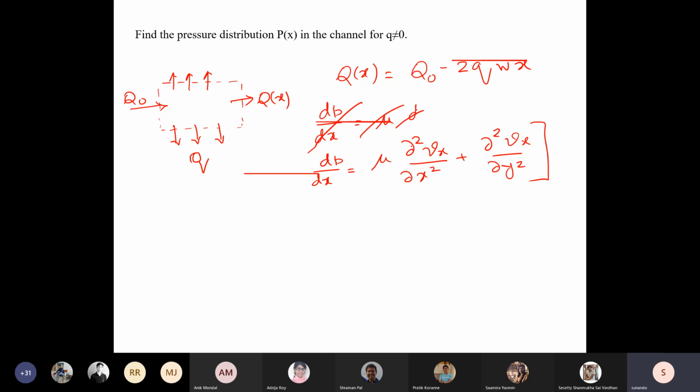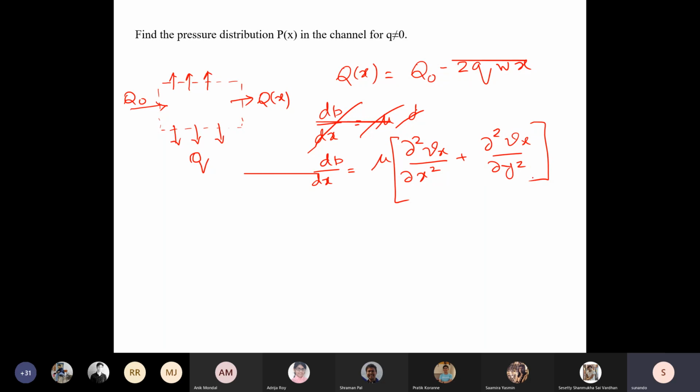This is the Navier-Stokes equation. Previously, I did not have to worry about the first term, as Vx did not vary with x. We simply assumed it was a fully developed flow, and therefore this part is 0. My dp/dx is simply equal to mu d2Vx/dy squared.